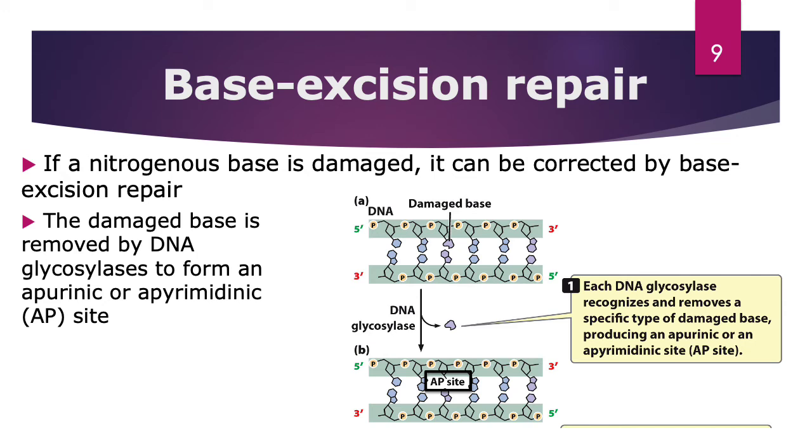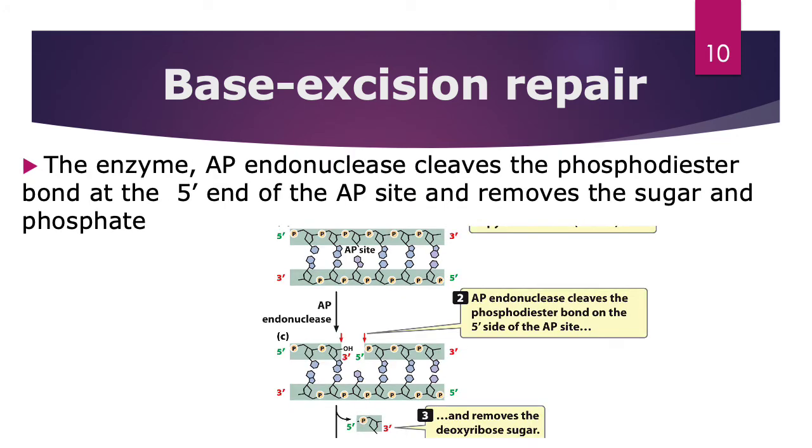Once the AP site is generated, an enzyme called AP endonuclease cleaves the phosphodiester bond at the 5' end of the AP site. So if we look at the picture, AP endonuclease recognizes the AP site and removes the ribose sugar and the phosphate bond from that position, and now we have a break in the DNA where we have a missing nucleotide.